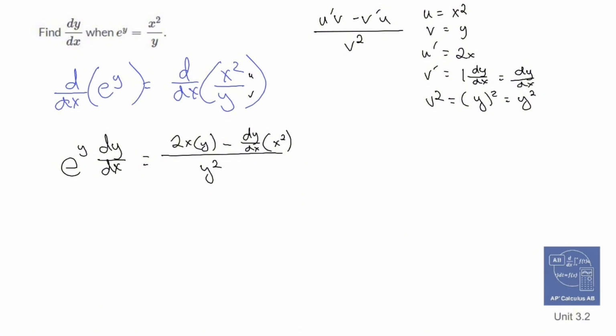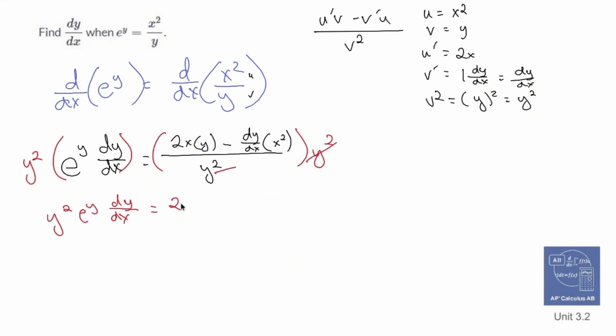So let's do this. Let's multiply both sides by y squared. So we get y squared e to the y dy dx. Let's clean up the numerator a little bit. So we get 2xy minus x squared dy dx.